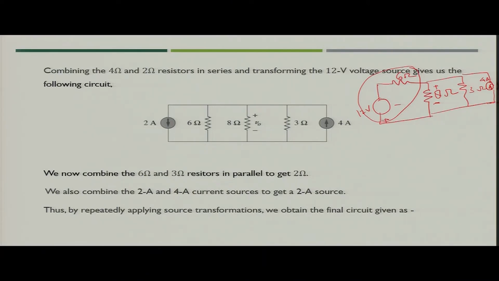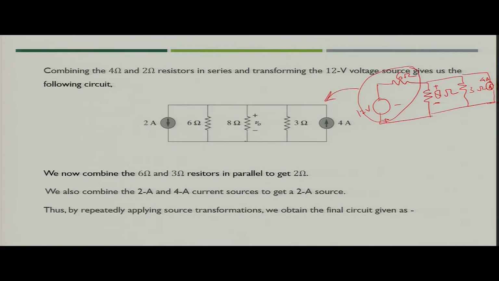That is, if you see a voltage in series with a 6 ohm resistance, its equivalent current would be 2 ampere, and then there will be a resistance in parallel, that will be the 6 ohm resistance. So, now you have got the updated circuit from this.